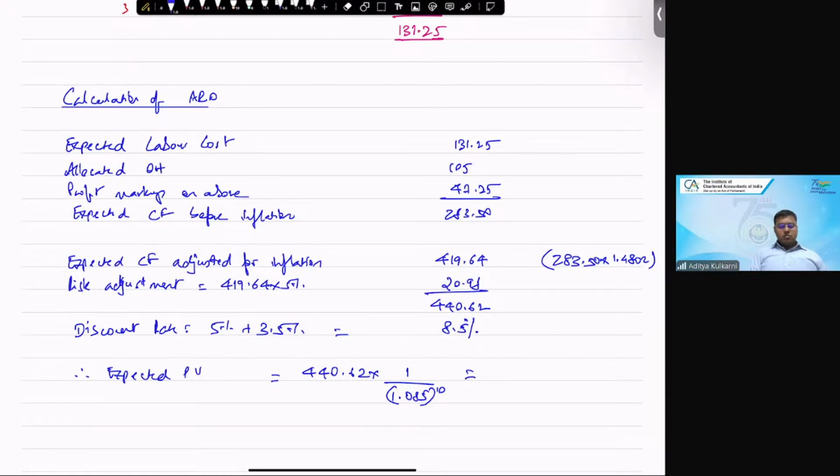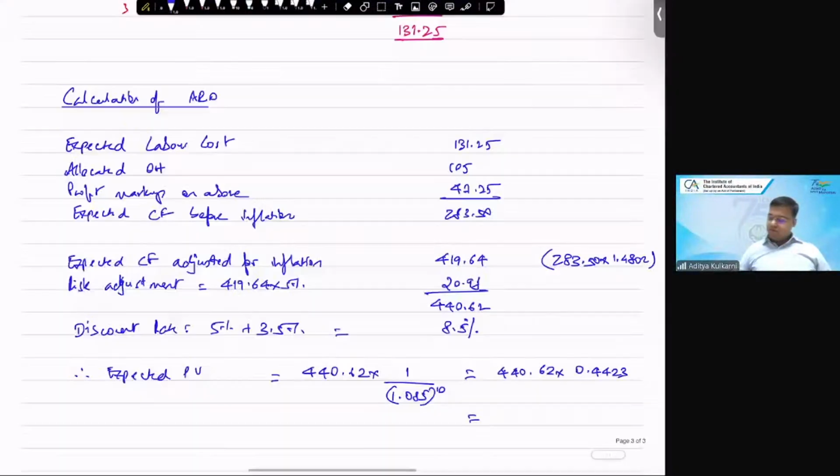So calculate. 440.62 into 0.4423 is 194.88.